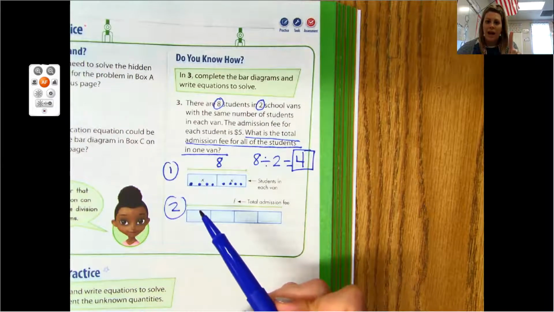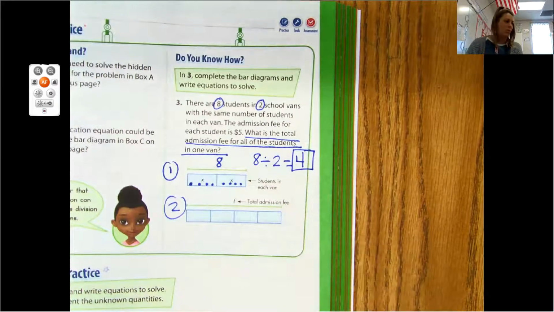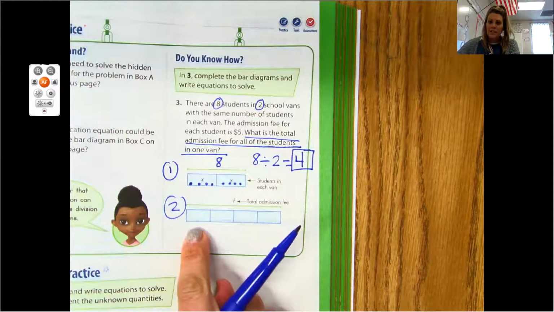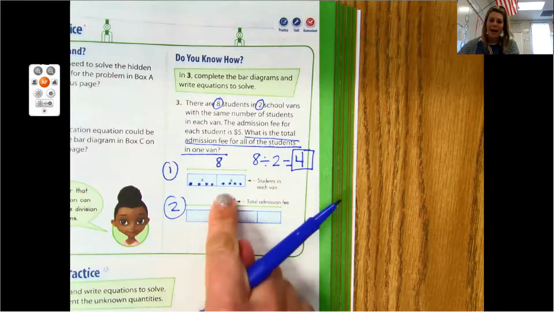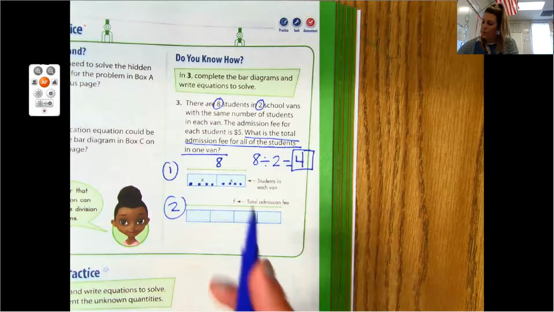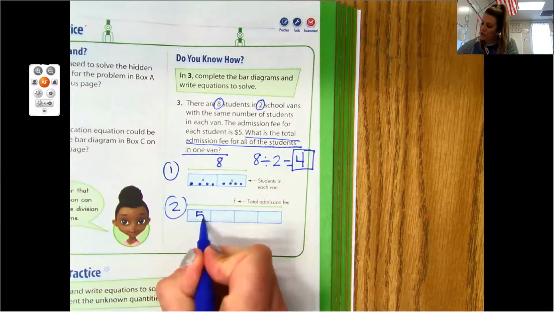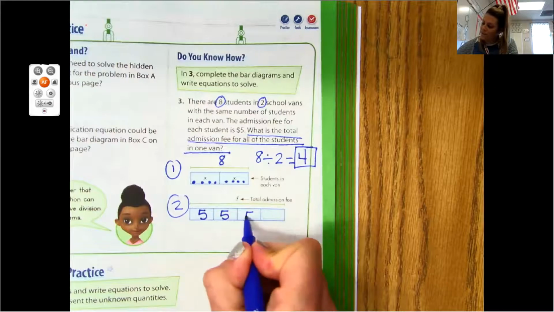Well, we just figured out that there's 4 students in one van, right? And each ticket costs $5. So we're going to actually kind of work backwards here. We've got our 4 students, and each student has to pay $5.